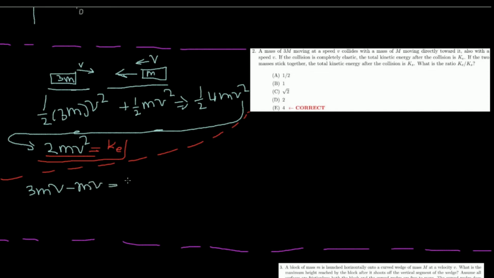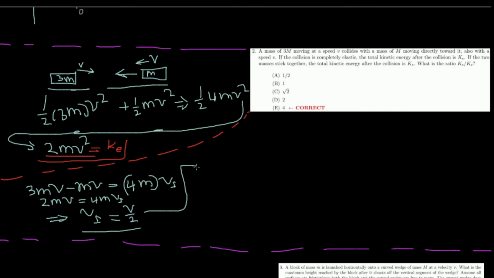Since the masses stick together, the total mass after the collision will be 3m plus m, which is 4m, and it'll be moving at velocity v1. So this basically means we have 2mv equals 4m v1. We have v1 equals v over 2.